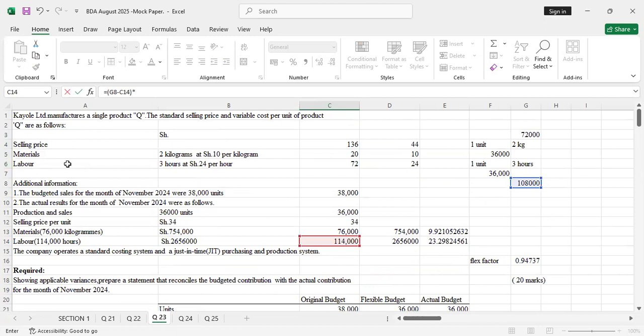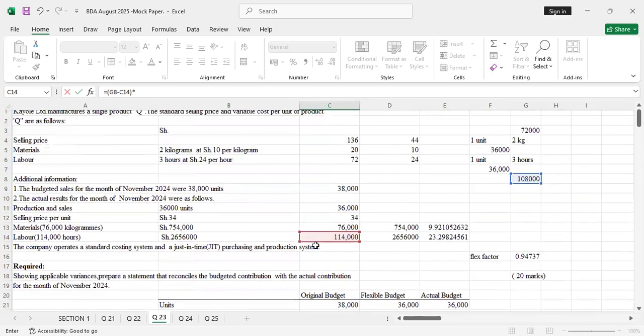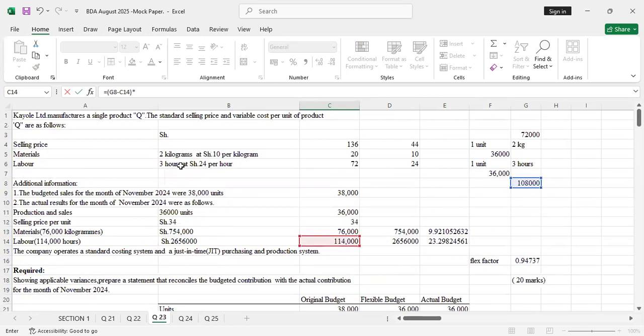You go back to labor: 3 hours at shillings 24. So it's standard hours minus actual hours times the standard rate. The standard rate is the rate that we used up here, 24.